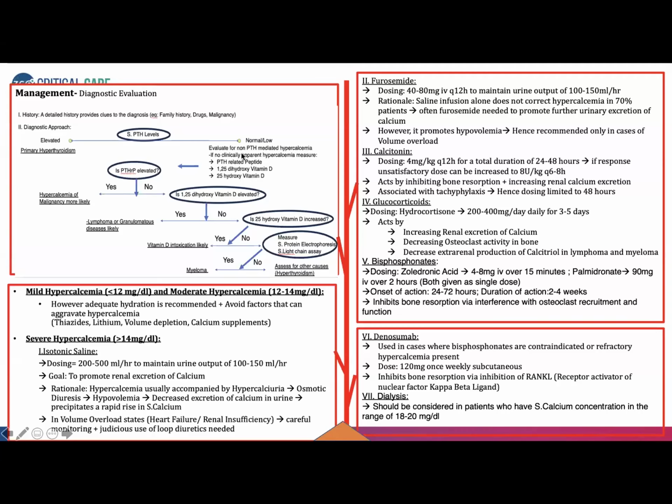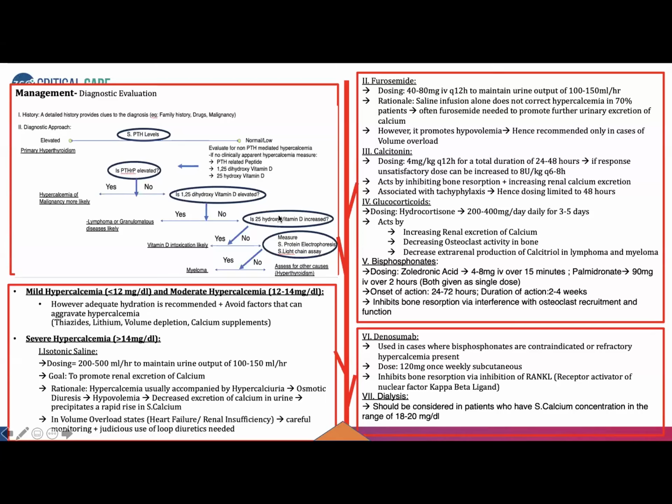So these three levels. If parathormone related peptide is elevated, it is more likely due to malignancy. If it is not, then look into 1,25 dihydroxy vitamin D. If this is elevated, it is more likely due to some granulomatous disease or lymphoma.